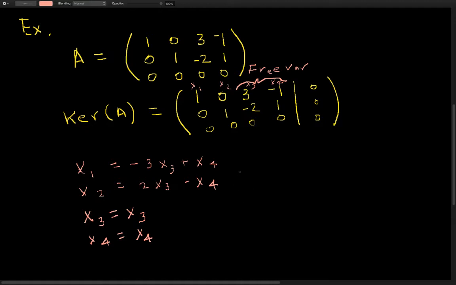So now that we have this system right here, we can show the vectors that would create this kernel.